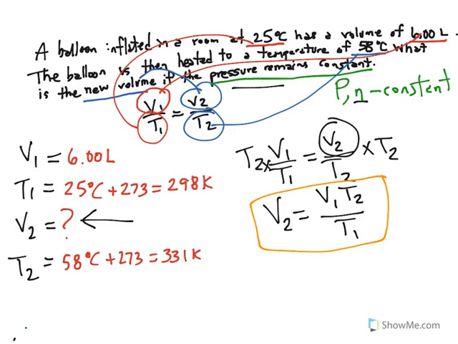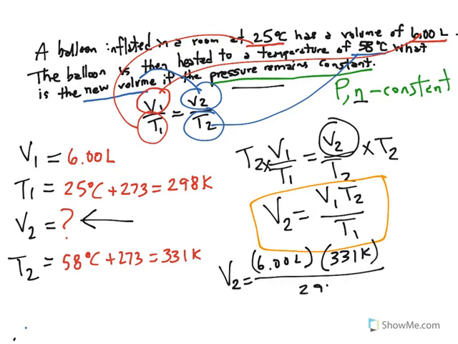Since we already have the numbers, let's plug them in. V2 is equal to 6.00 liters times 331 Kelvin, all divided by 298 Kelvin. And let's see what we get. I got 6.66 liters.